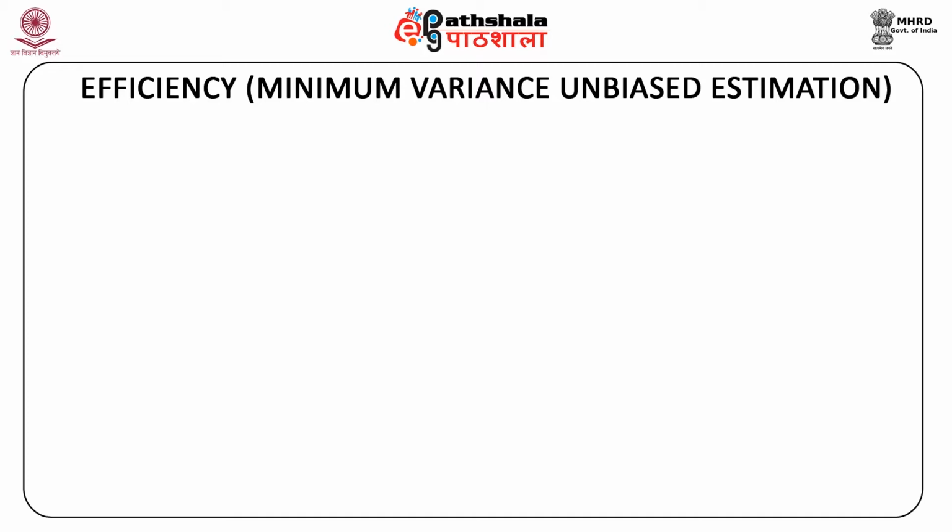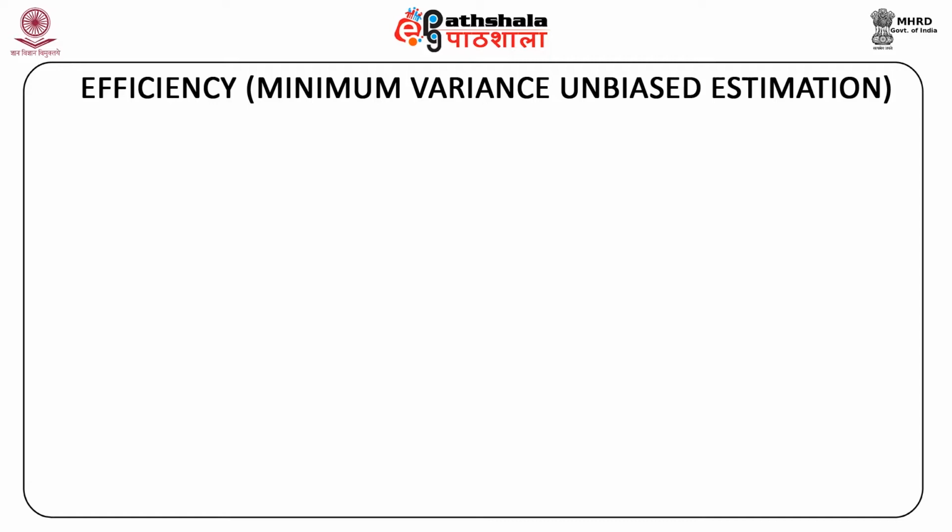In the event that there exists only one unbiased estimator for a given parameter, the search for a good estimator ends there. However, if there are more than one unbiased estimators, then the best among these has to be selected. An example of multiple unbiased estimators exists for the population mean.